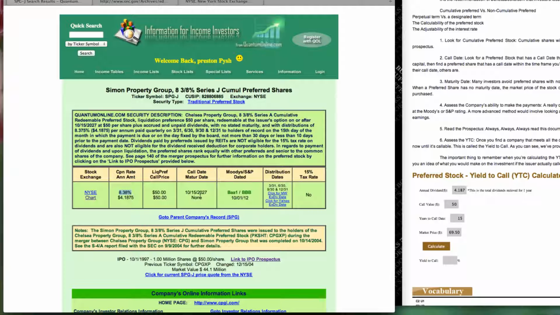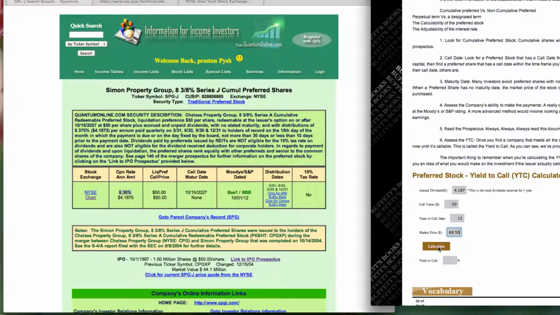But that's not the case here. You're buying this preferred share for $69.50 if you would buy it today, and not for $50. So that return, that dividend payment, is going to be different. And that's what this calculator is doing, it's figuring that out for you based off of the assumption that this company is going to repurchase these shares at that call date.